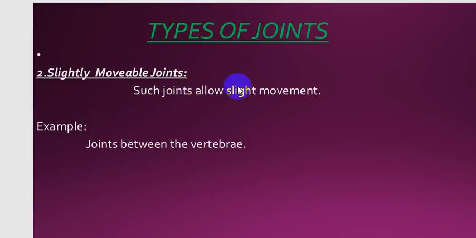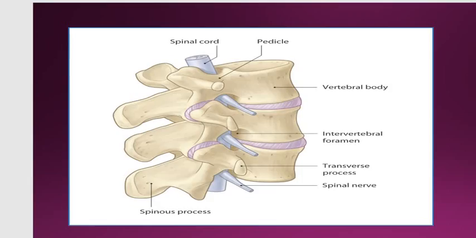Then come the slightly movable joints. Such joints allow slight movement, and the example is the joints of your vertebral column, the vertebrae. You can observe from the diagram that these joints are present between one vertebral disc and the other.